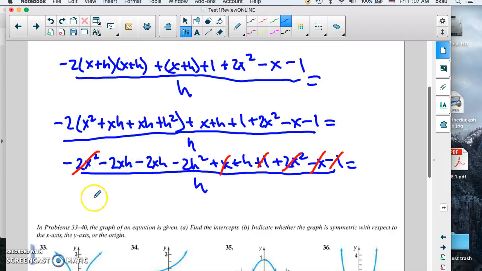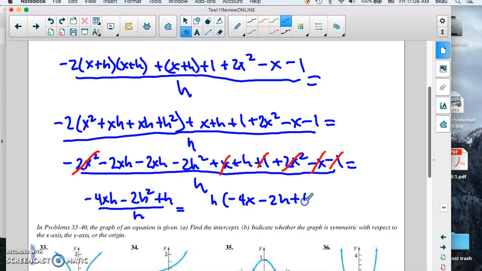These two can be combined into negative 4xh, minus 2h squared, plus h are my three terms left over. And we can factor out the h on the top and reduce. So we have h times (negative 4x minus 2h plus 1) over h. And we need to reduce these two h's, and our answer is negative 4x minus 2h plus 1.